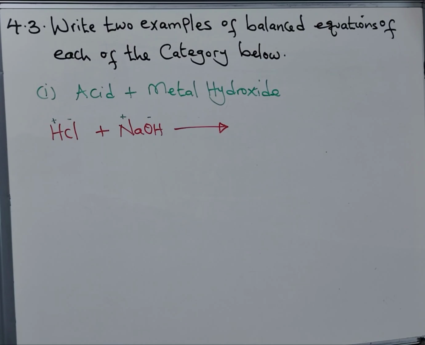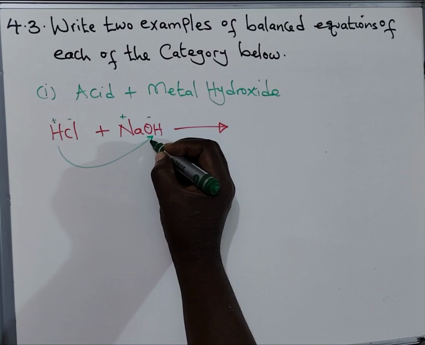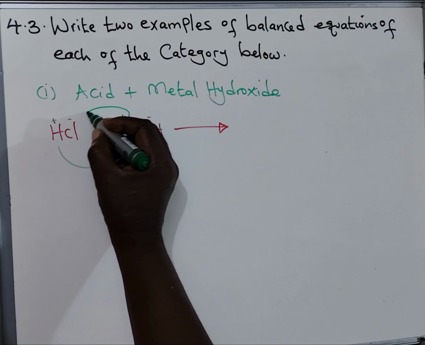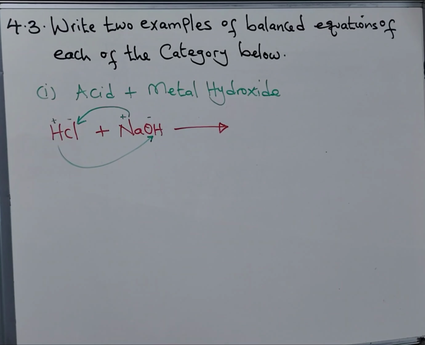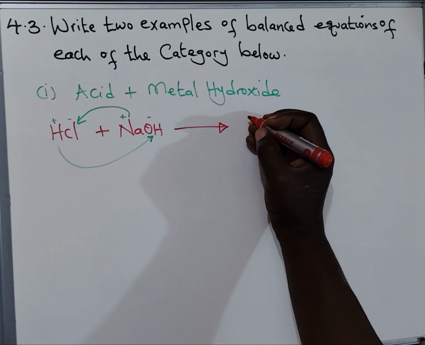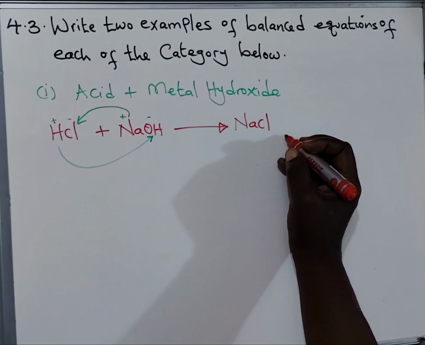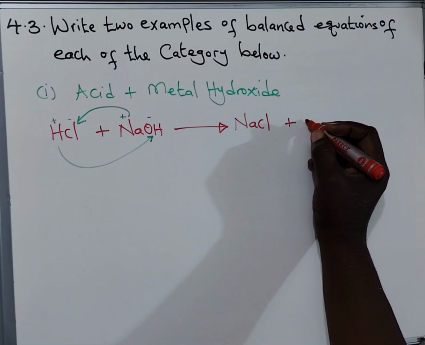And what happens is that the positive of this one attacks the negative of that one, and the positive of this one attacks the negative of this one, to give you the products. So the products are going to be sodium chloride plus water.